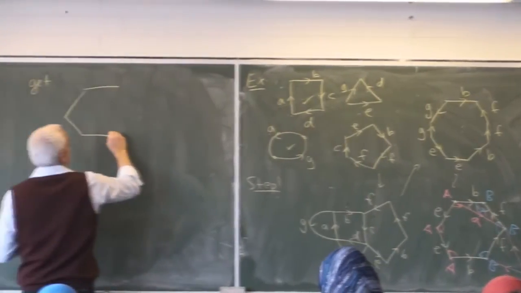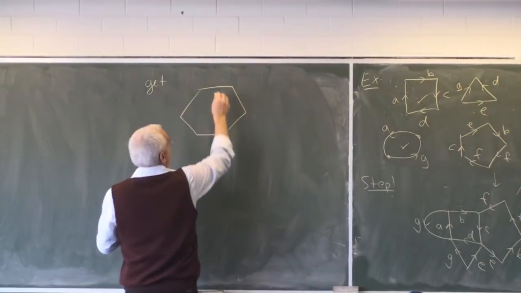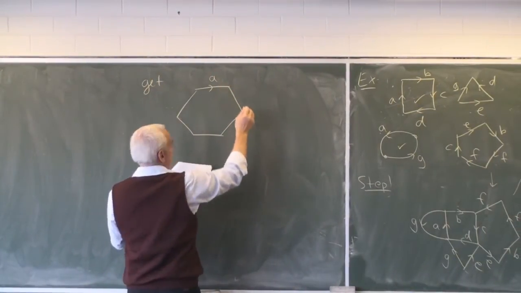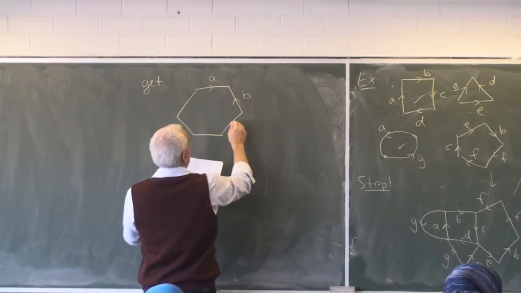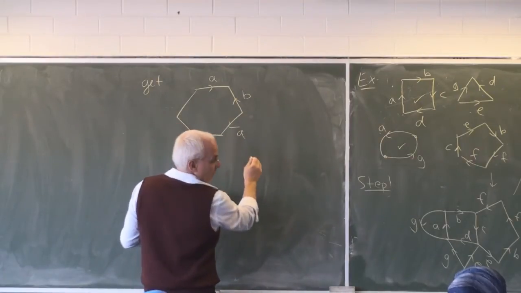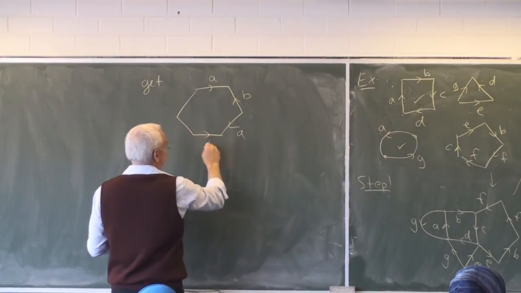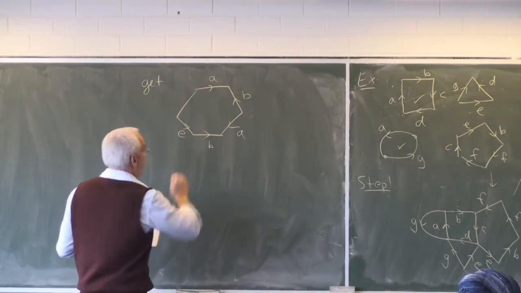The number of sides hasn't changed, but now it looks like an A followed by a B in this direction, followed by an A in this direction, and then a B in this direction, an E, and an E.